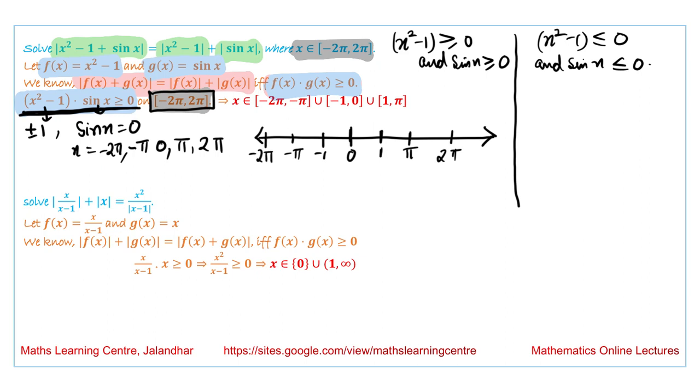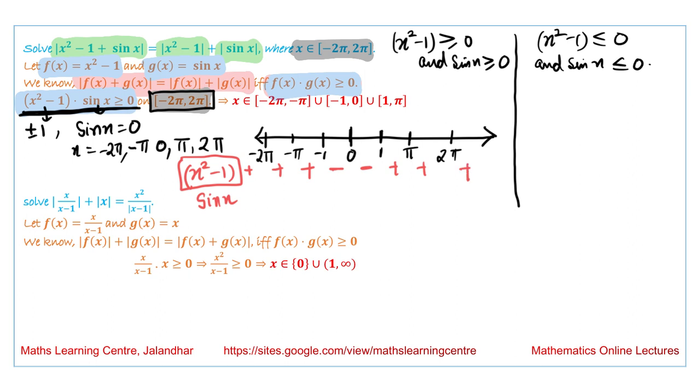Now the functions we have are x square minus 1, and the second function, sine x. If we substitute values of x less than minus 1 in x square minus 1, the answer is positive, then it is negative in these two regions, and then positive in all these regions.